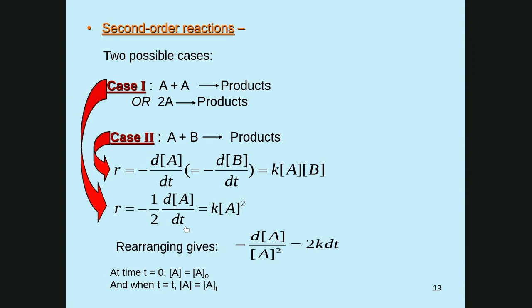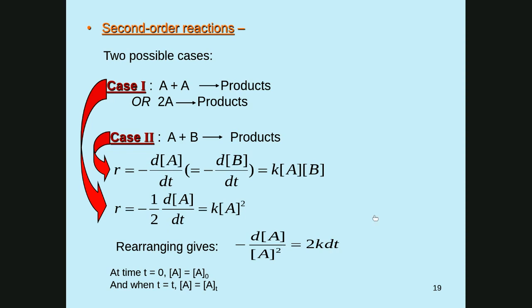So we divide the equation by A squared on both sides, so we cancel it here and put it there. And then multiply by 2 times dt on both sides as well. So you cancel the 2 dt here and you put it there. So that is how you end up with this: minus dA by A squared equals 2k dt.